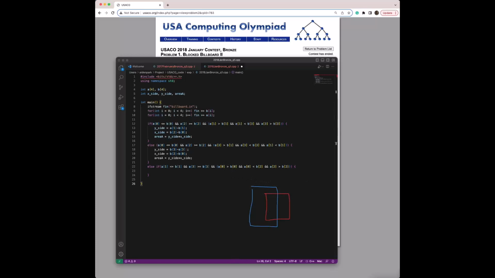Oh wait, no, that would actually not be that. So the x coordinate here is greater than that right here, but smaller than the one right here. But then this one is also greater than that. So you see that in the logic right here.